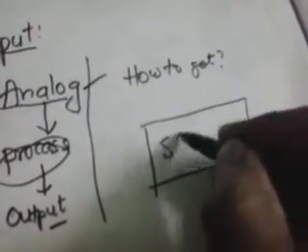So we need to take analog inputs from the external world, process this analog input, and output the result obtained from this process. So, how to get this analog input is the main question. How to get this signal? This can be done by using a sensor.